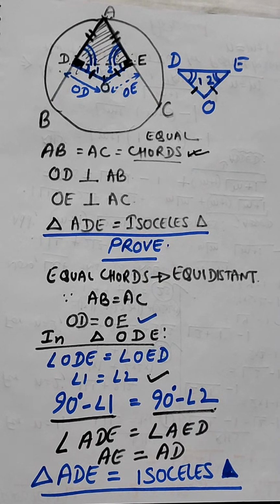Now in this question, we have proved that triangle ADE is isosceles, right? I want to take more questions. Let us see what questions I want to take. Let me derive some questions from the book.